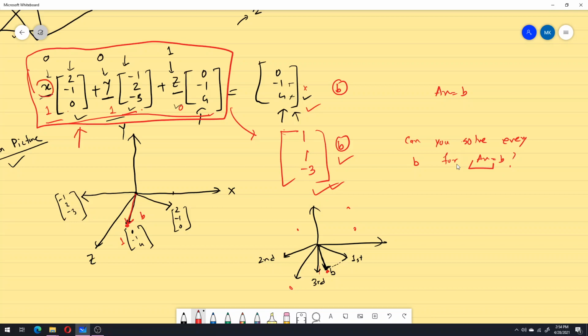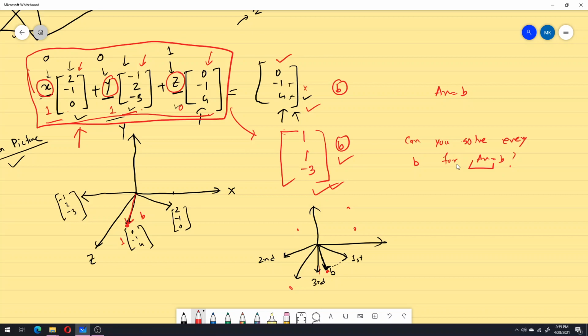X, Y, and Z point to the particular portion of linear combination, that is, how many of the first vector, how many of the second vector, or how many of the third vector should be combined to get the right hand side.